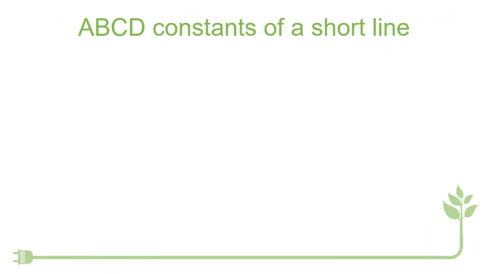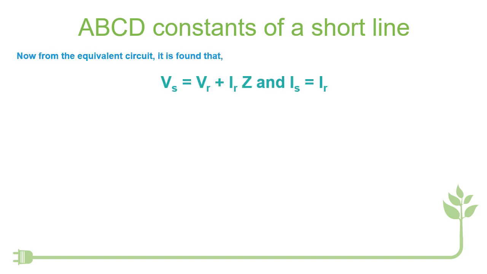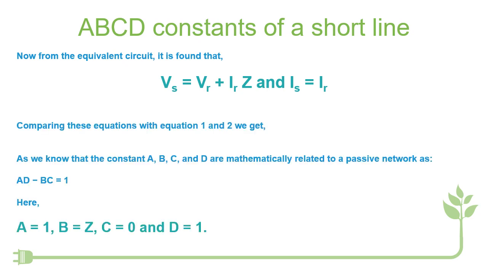We already know from the equivalent circuit model that the voltage at the sending end is equal to the voltage at the receiving end plus the current at the receiving end multiplied by the impedance, and the current at the sending end is equal to the current at the receiving end. Comparing this with equations 1 and 2, we get that A is equal to 1, B is equal to Z, C is equal to 0, and D is equal to 1.